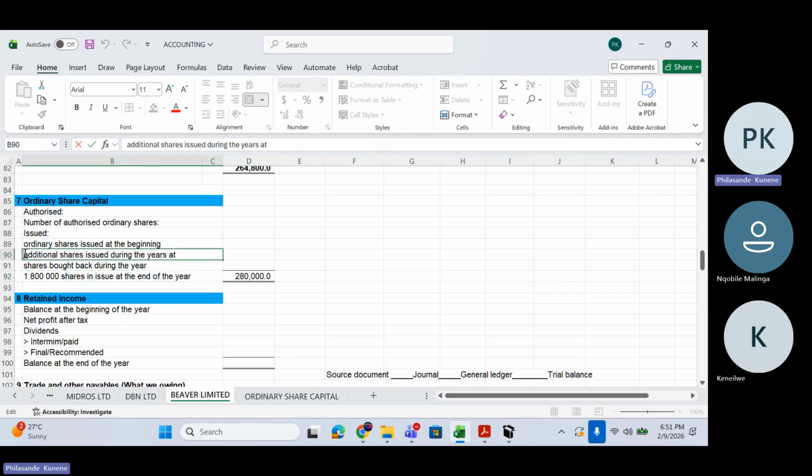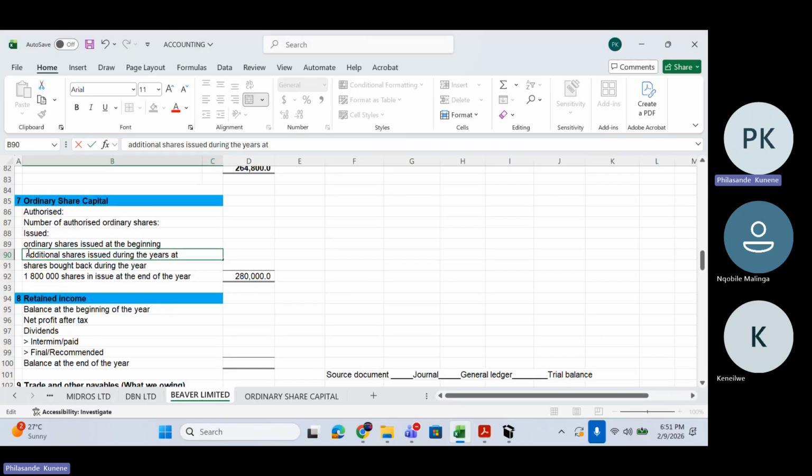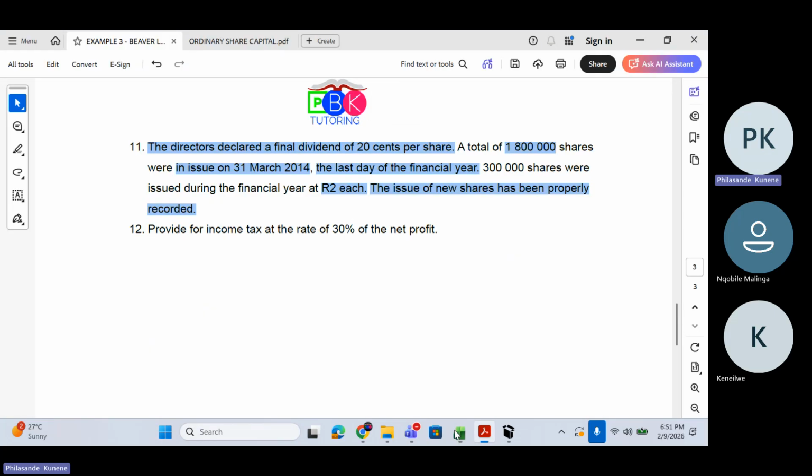Then they said additional shares issued during the year. They gave us the number of shares that were issued during the year, which is 300,000 shares. These are additional shares that were issued during the year, at £2. So if we issue 300,000 shares at £2 each, how much are we going to get?